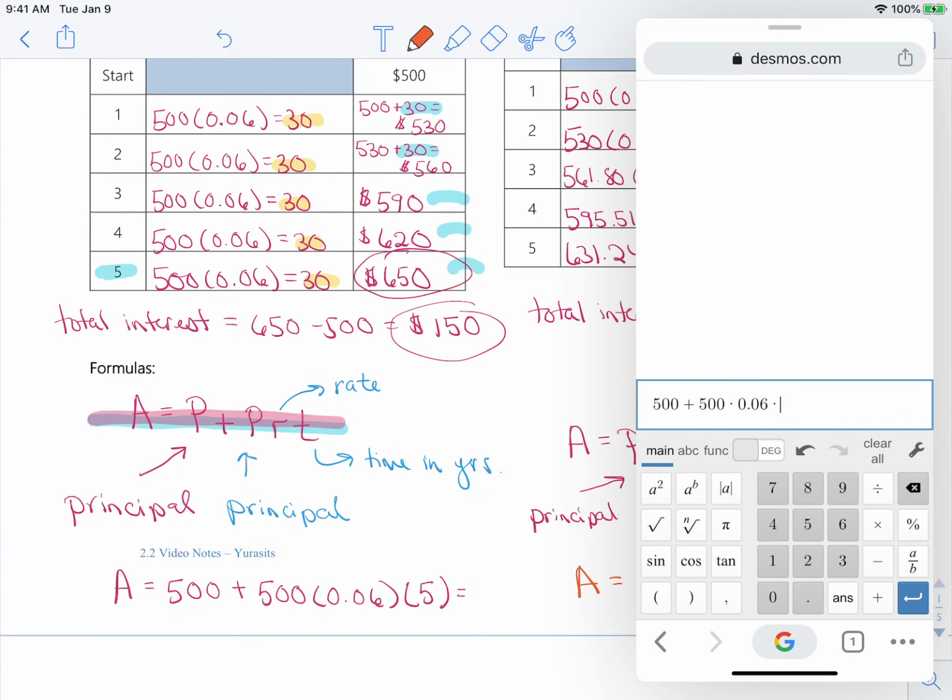I have 500 times 1 plus 0.06, close those parentheses, and I'm going to raise it to the 5th power. And what do you know? I get $669.11.